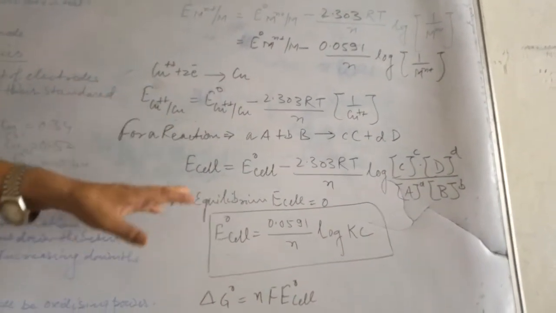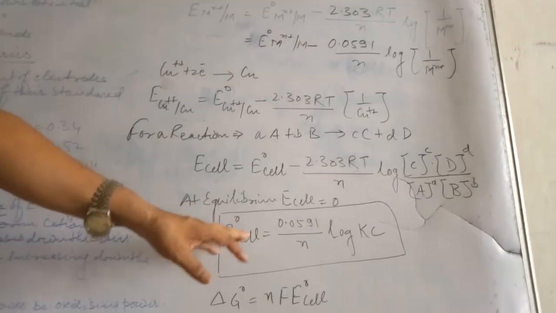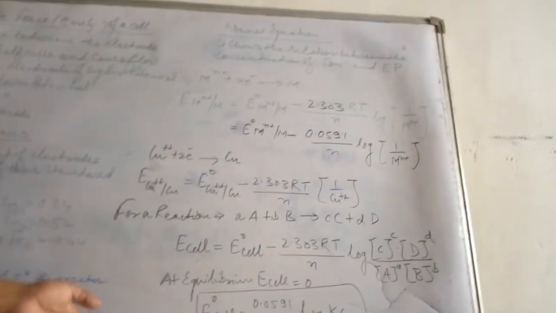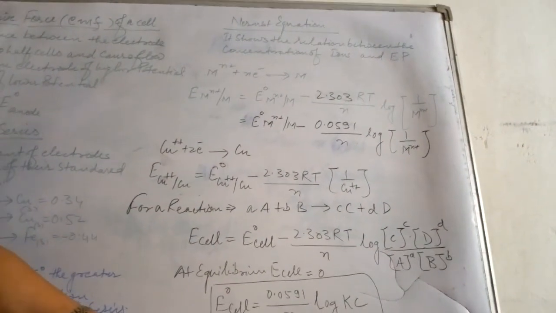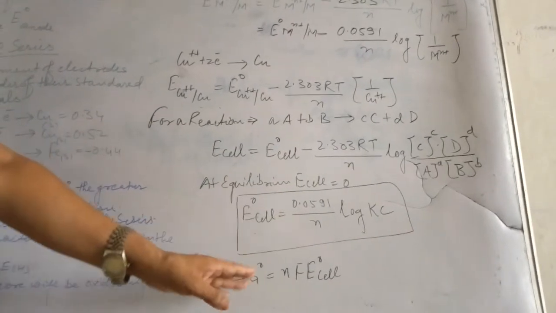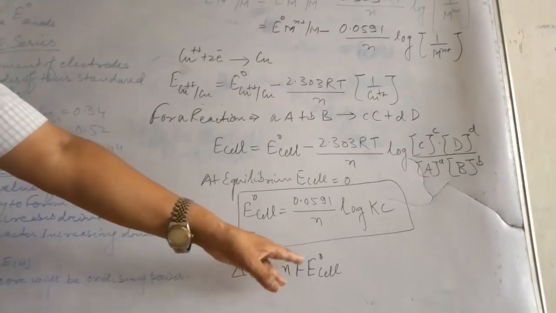At equilibrium you apply the formula E naught of cell equals 0.0591 upon n log Kc, and in terms of free energy change, del G naught equals minus nF E naught cell.